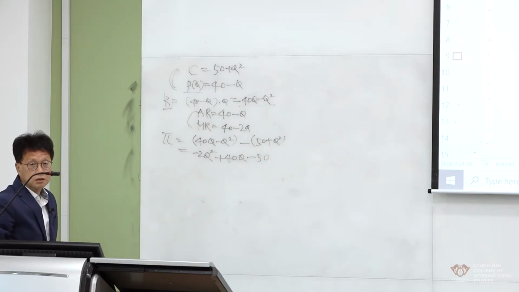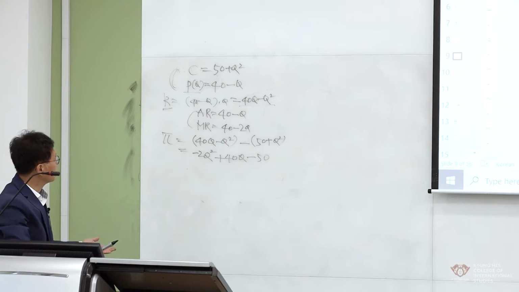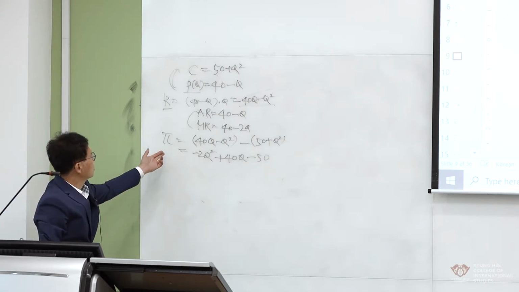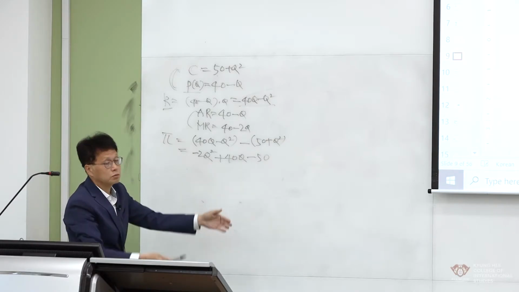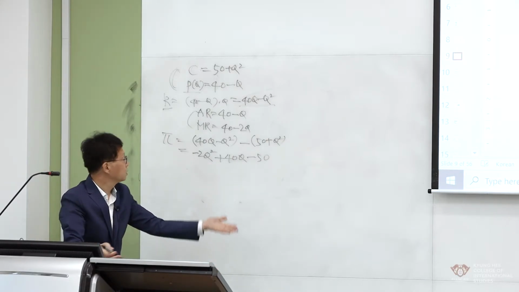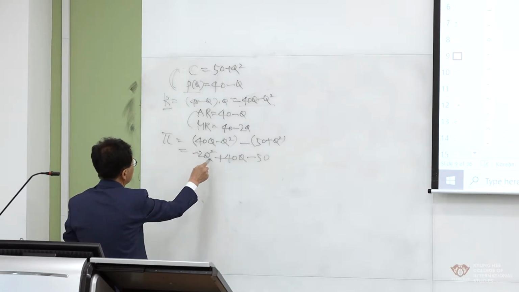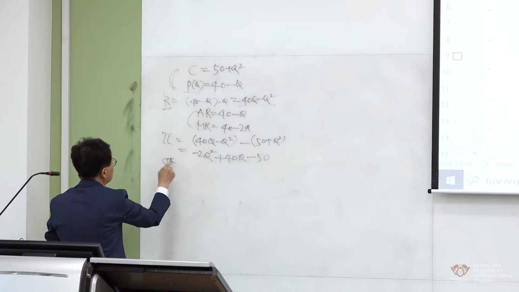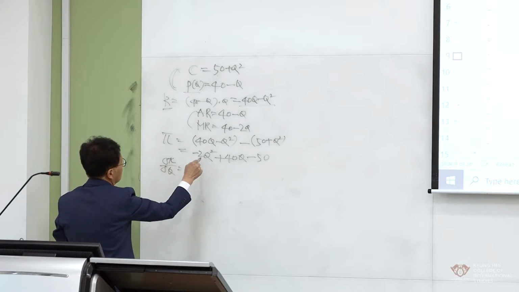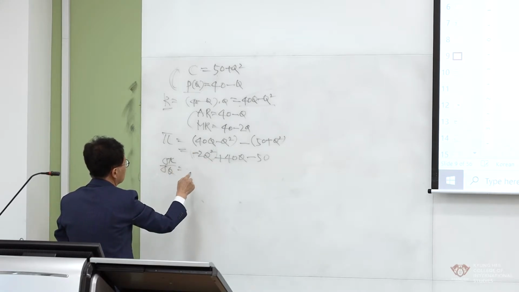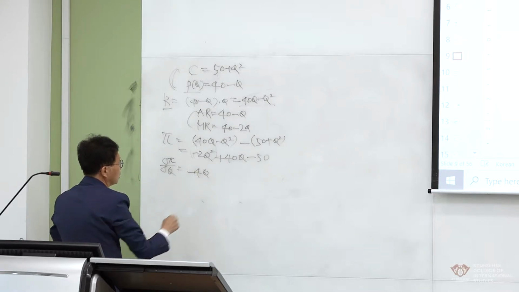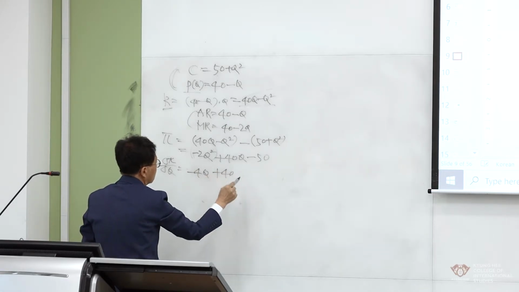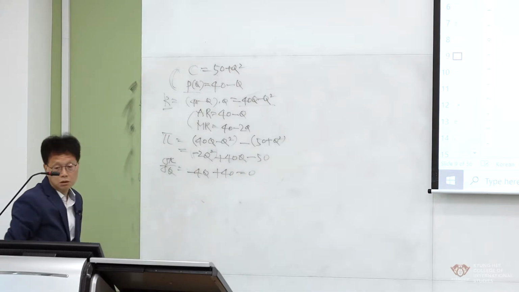That is profit. Then marginal profit, or the first order condition for profit maximization, is that the first derivative of this one should be equal to 0. First derivative, change in profit over change in Q, is minus 4Q plus 40 should be equal to 0.